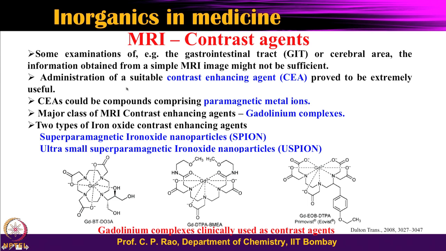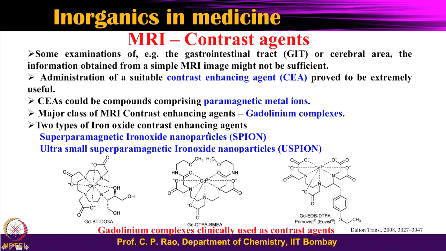The administration of a suitable contrast enhancing agent, CEA, proves to be extremely useful. Otherwise, the protons in different parts of the body will have very close relaxation times, and because of that you cannot differentiate one region from the other.